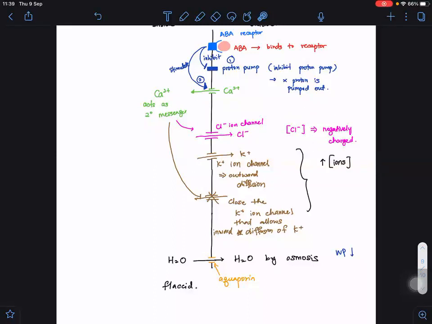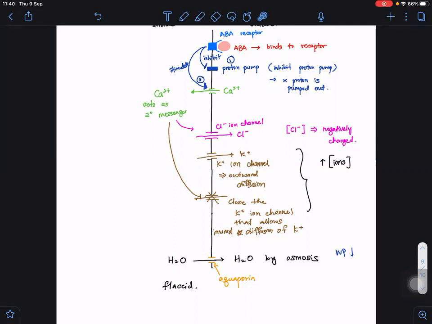Inside the cell, because you stop the proton pump, we have H+ and we have the potassium ion. But can protons move out? No, we don't have a channel for protons. But because of the accumulation of negatively charged ions outside, because of this electrochemical gradient, potassium ion now moves out.